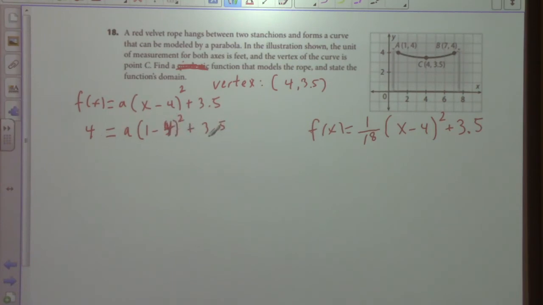And so now this is going to end up being negative 3 squared. So that's going to be 9, positive 9, right. So we'll have 4 is equal to 9a plus 3.5.